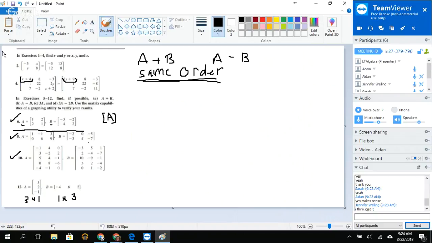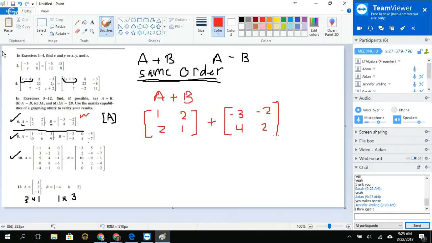All right, so that's pretty much it. The adding and subtracting is actually super easy. So let's go back up to example number 6. If I want to add A plus B together, I have matrix A, which is 1, 2, 2, 1, and matrix B, which is -3, -2, 4, 2.